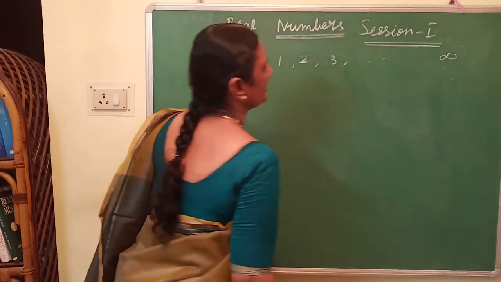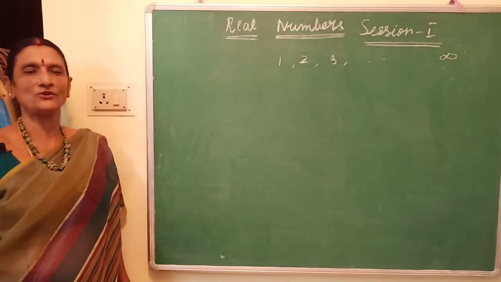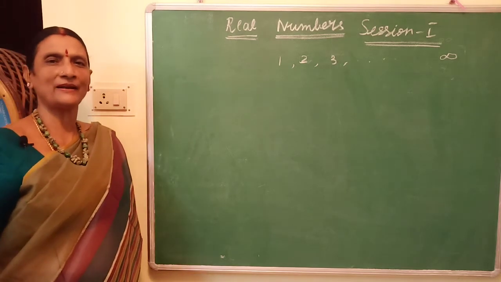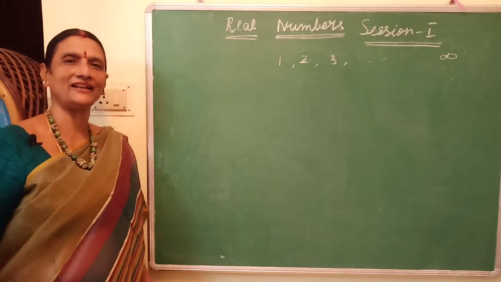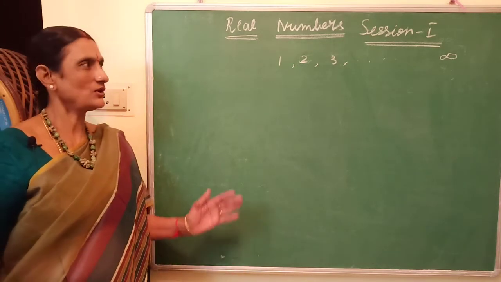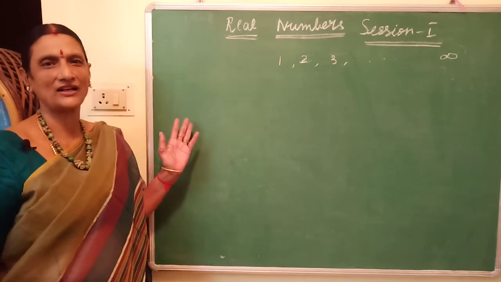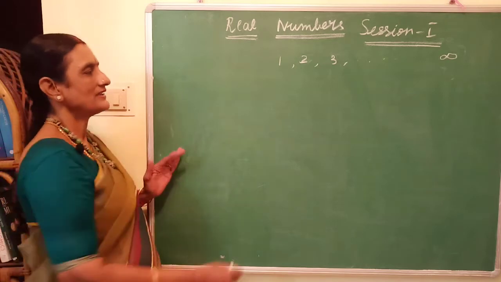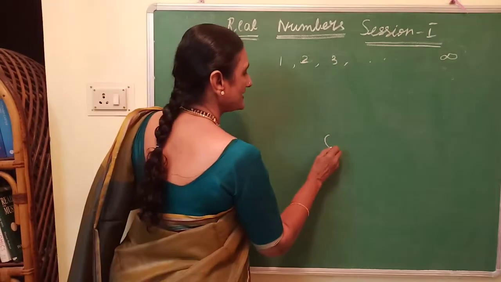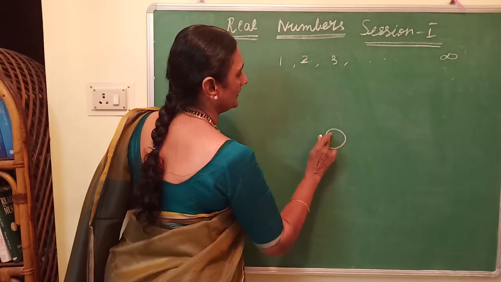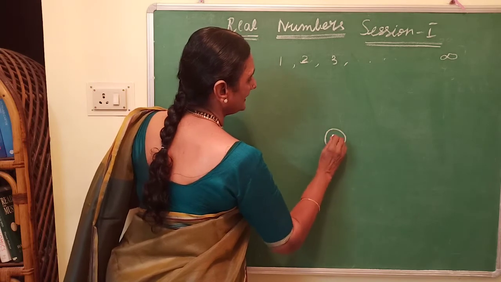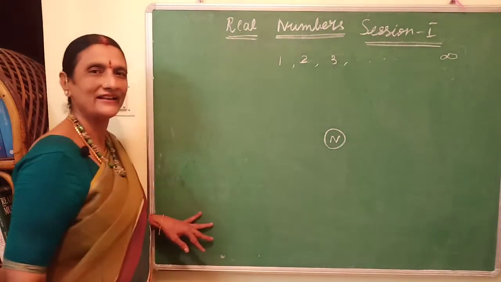At that age, you would not have been introduced to infinity, but the numbers go on without any ending. So we named it the system of natural numbers. This is the first thing you learn.